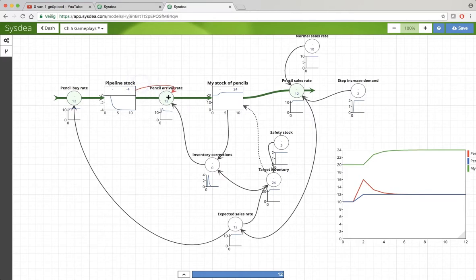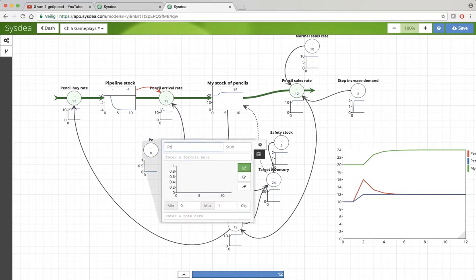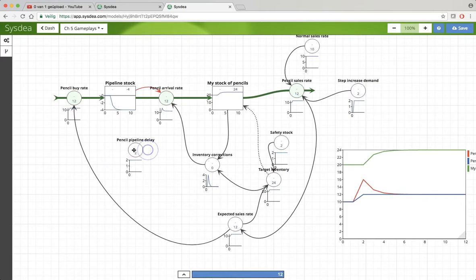So it depends actually how much there is in stock over some kind of a delay, a pencil arrival delay, let's call it like that. Oops, I mean arrival pencil or pipeline delay. And let's make that again 2 time periods.